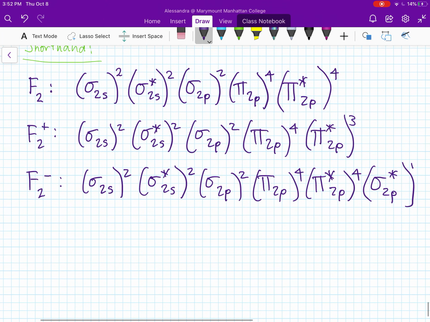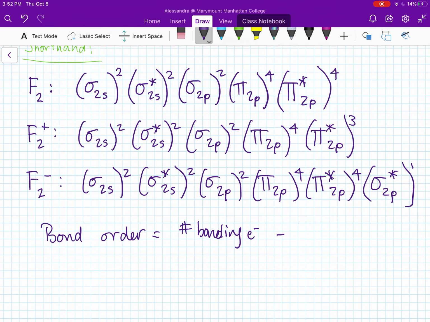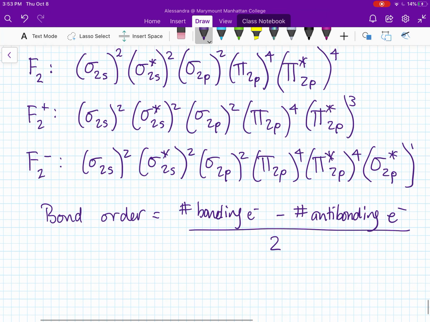Now, to calculate the bond order, I want to subtract the number of bonding electrons, the number of electrons in bonding orbitals, minus the number of anti-bonding electrons, the number of electrons in anti-bonding orbitals, and then divide that number by 2.